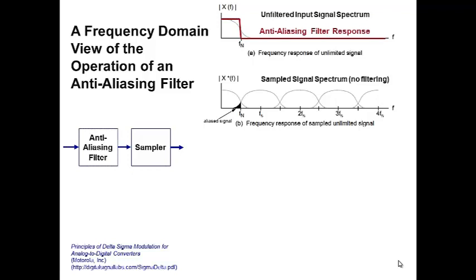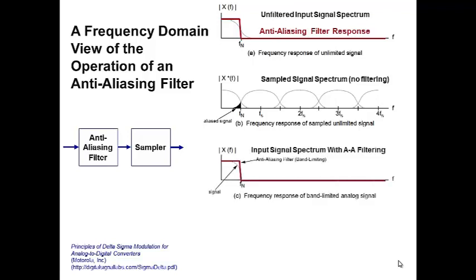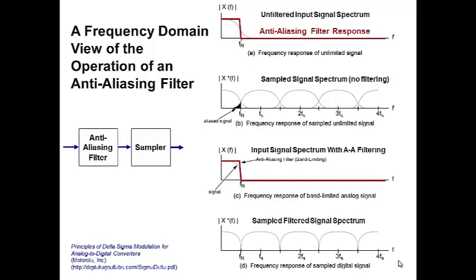So what we do is literally put an analog filter in front of it that is a low-pass filter that cuts off the stuff that might alias. Anything above the Nyquist rate gets thrown away. Now that filtered signal can replicate safely. We make the spectral copies, we don't get any overlap, we don't get any aliasing.